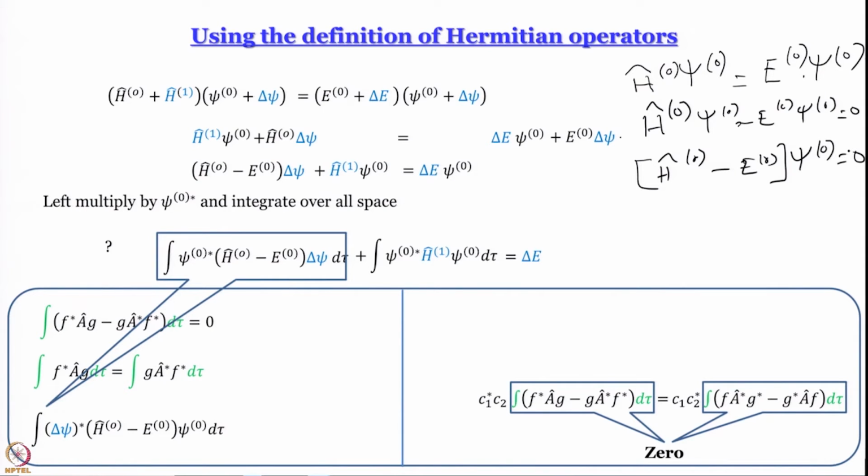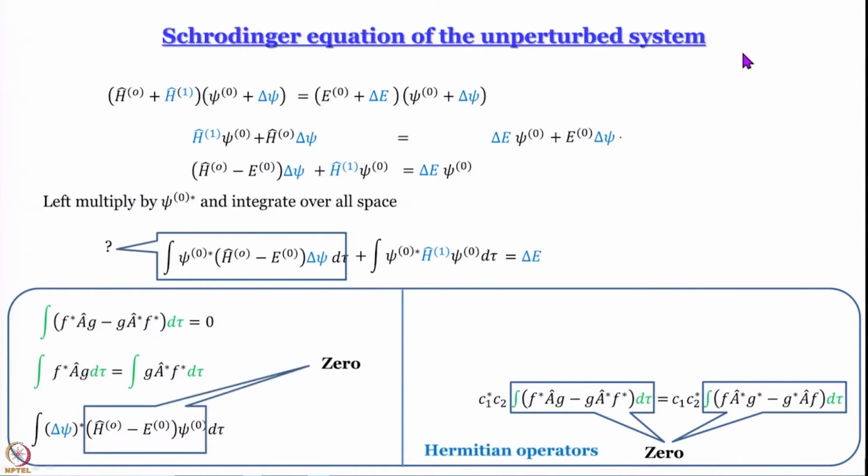So, first thing we have done is we have transformed this integral to another one in which we have H 0th minus E 0th operating on psi 0th, and we have found that this is 0. So, inside the integral we have delta psi star multiplied by 0 integrated over all space. What will it be? Definitely it is going to be 0. Okay. So, now after all this exercise we are happy to see that even this problematic term is actually 0.